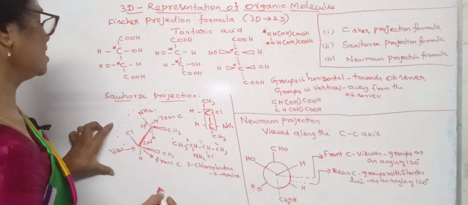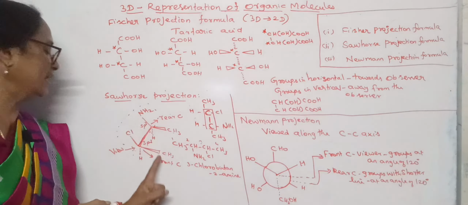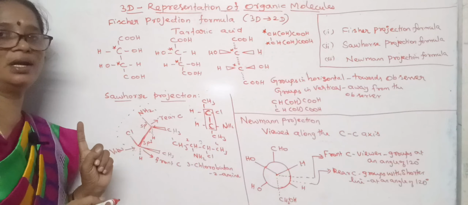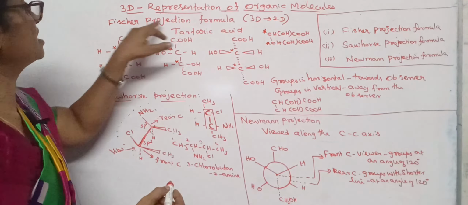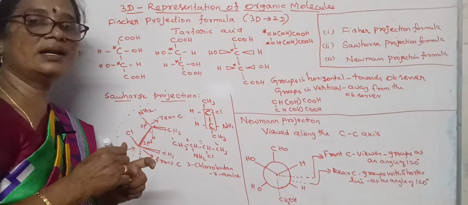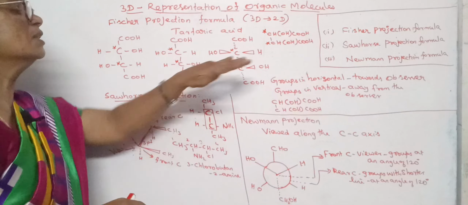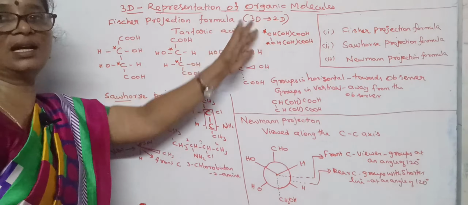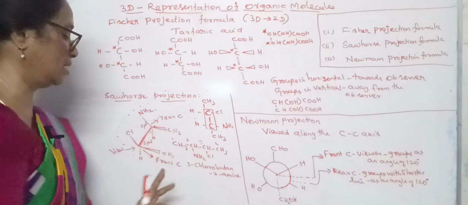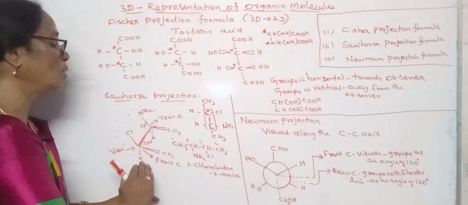In this case, we can find the relative position of the groups, but in the Fischer projection formula, you can't find the relative position. That means with respect to one another, we can explain where the groups are present, and here you can explain how they are present.